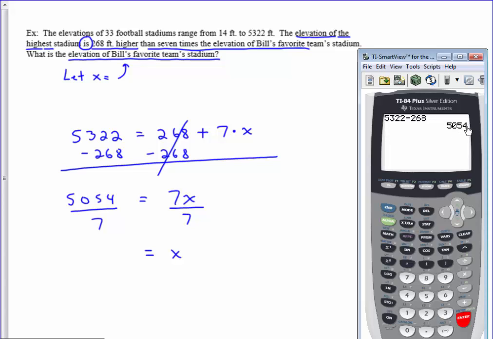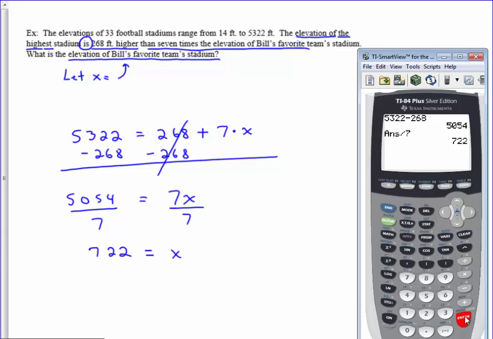Since we already have 5,054 on the screen as the prior result, we can do second and then the negative sign, which is answer. And then we want to divide that 5,054 by 7. And then that would give us our result of 722.